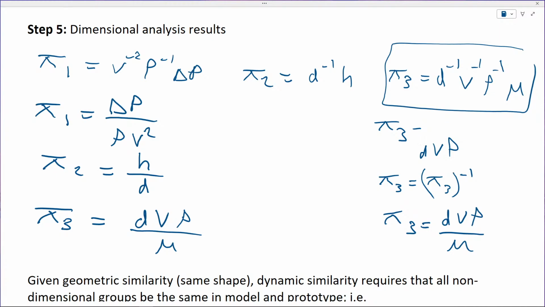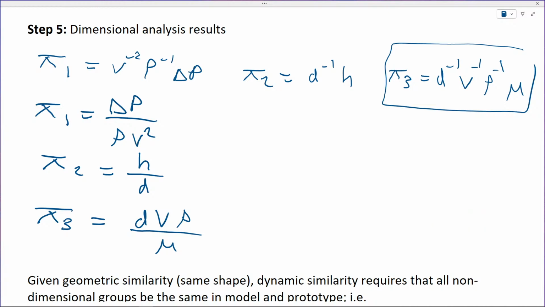Let me just delete this here. Basically, pi 1 contains our dependent variable, and pi 2 and pi 3 contain our independent variables.